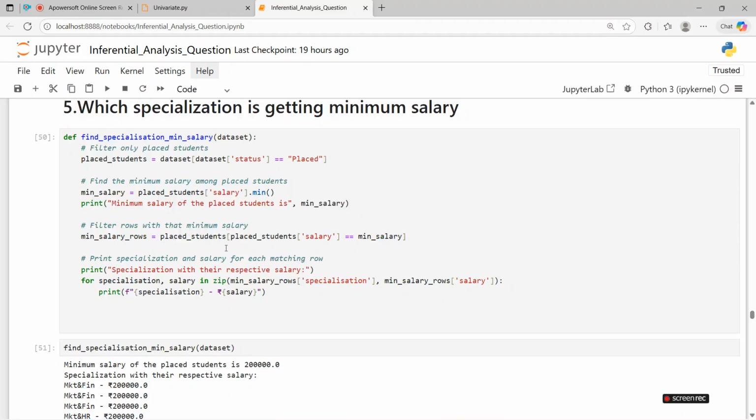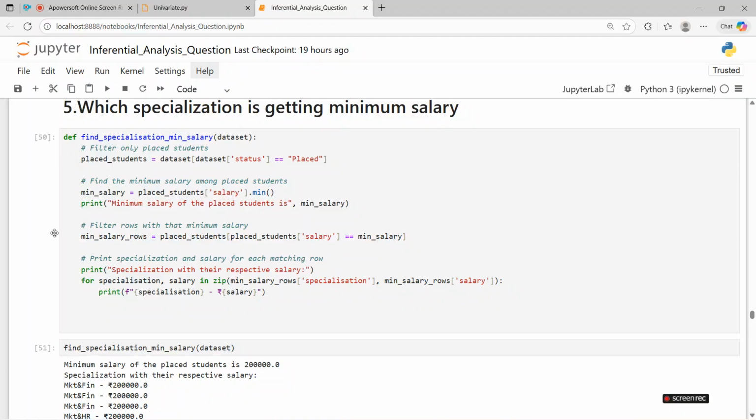We verify each row of the salary column of the placed students by equating it with min salary. Whichever row satisfies the condition of being equal to the minimum salary will be taken into min salary rows.